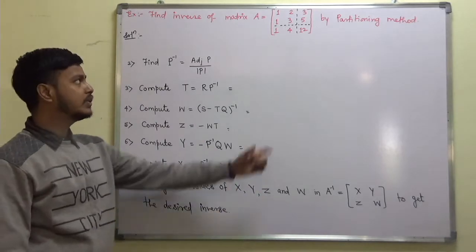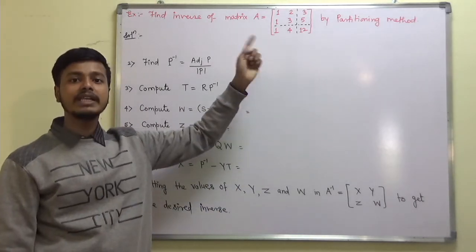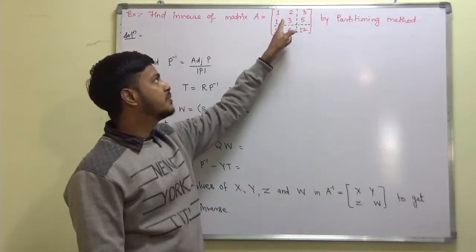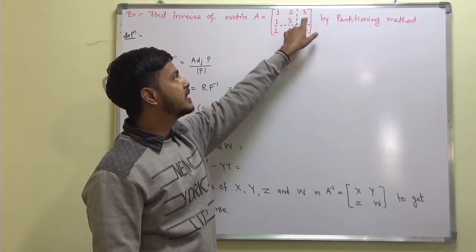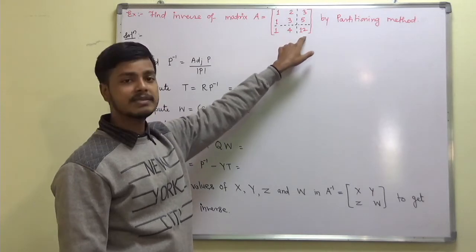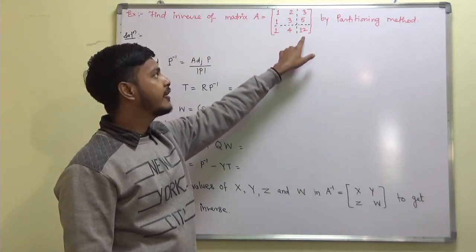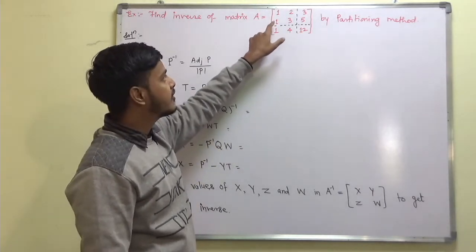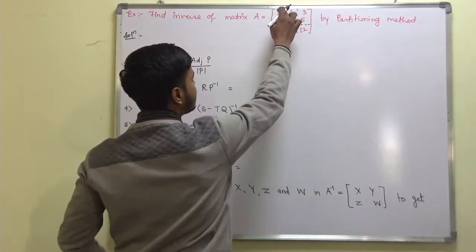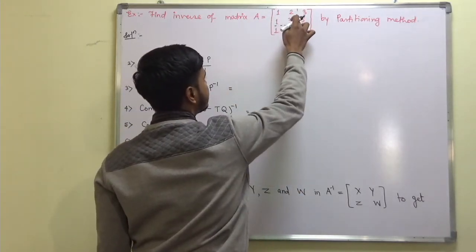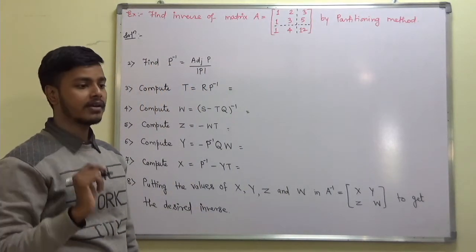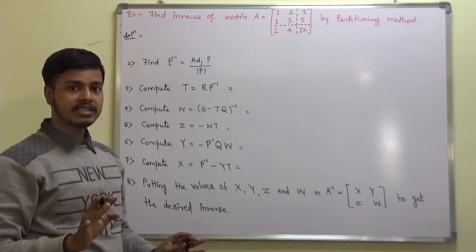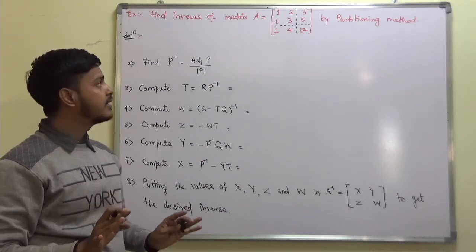If you want, you can do some other partition also. The only criterion is that the determinant should be non-zero. Now as you can see here, this is my P, this is my Q, this is my R, and this is my S. Now take the determinant of this P. What is my P? My P is 1, 1, 2, 3. So what is its determinant? 3 minus 2. What is 3 minus 2? 1. It means my partitioning is well behaving.